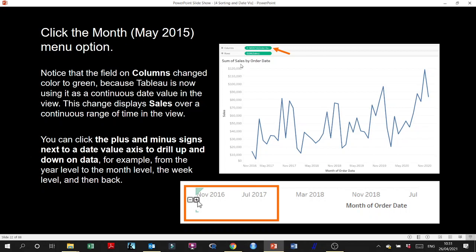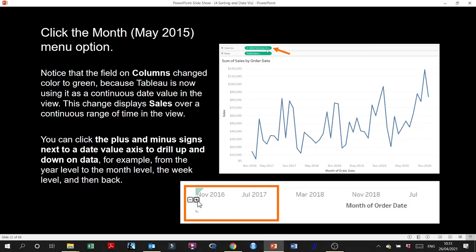So you can see that when you click on the plus and minus signs next to the date value axis, you will be able to drill up and down in the data, on the date. Now I want you to notice one thing, and I'm not going to mention it right now in the video.